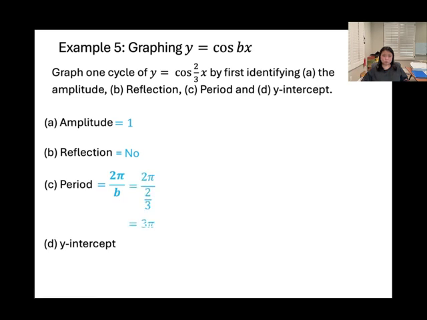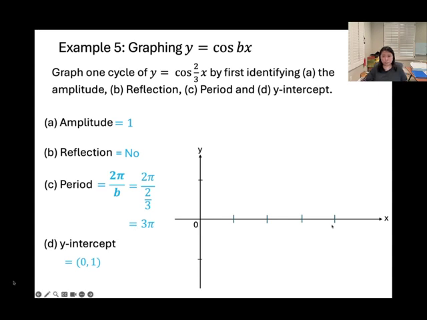So that will be 3 pi. And then y-intercept, since this is a cosine curve and we don't have the reflection, that'll be 0 and 1. Okay, so 3 pi, so starting from here, that'll be 3 pi.